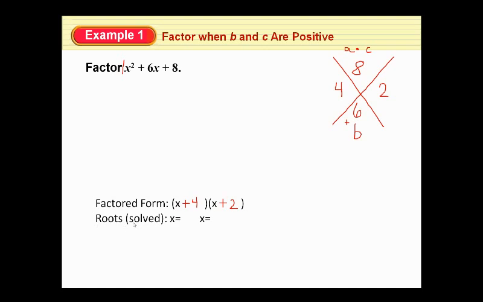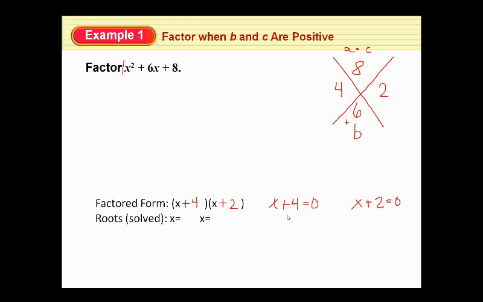Now if I want to find the roots, or find the x-intercepts, or find the zeros, all three of those mean the same thing, I would set each piece equal to 0. So I would take x plus 4 and set it equal to 0. And then I would take x plus 2 and set it equal to 0.